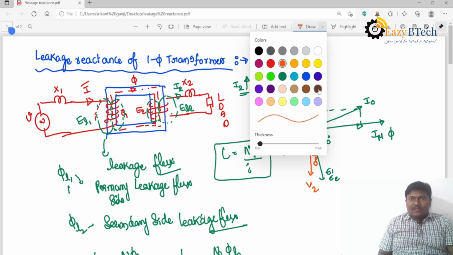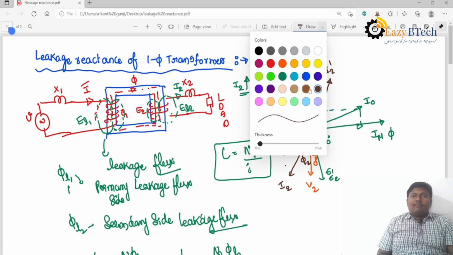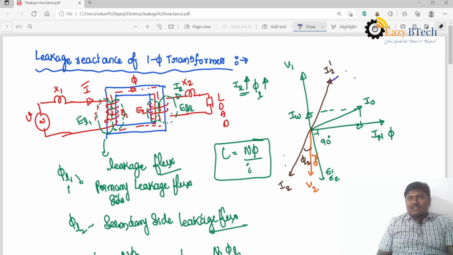For a lagging power factor of the load, I2 is lagging at an angle of phi2. There is a reflected component on the primary side, that is I2 dash. By adding these two vectors, I get the resultant current.